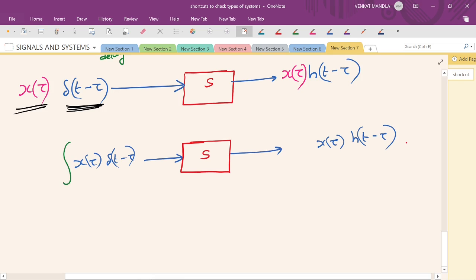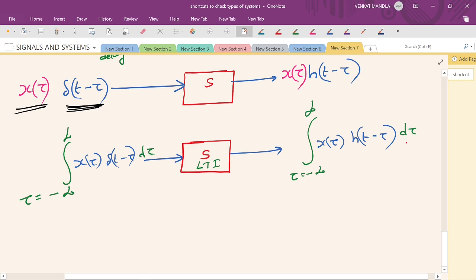I will integrate this whole input from minus infinity to plus infinity, tau equal to minus infinity to plus infinity, d tau. Then what is the output? Because this integration is a linear operator and the system is also a linear system, the linear operator is preserved at the output. So the output is also integrated over tau from minus infinity to plus infinity, d tau.